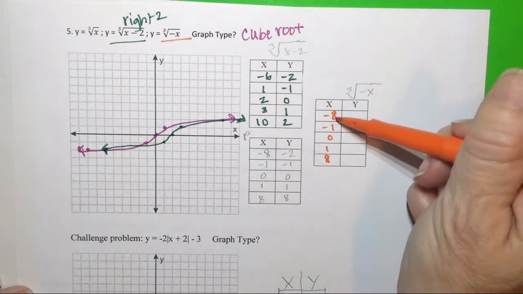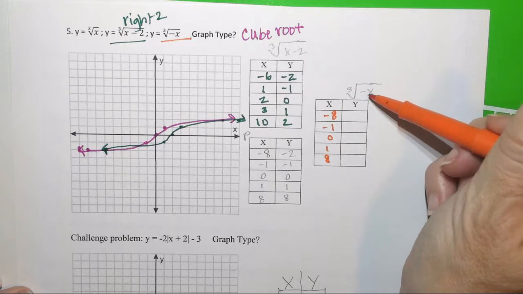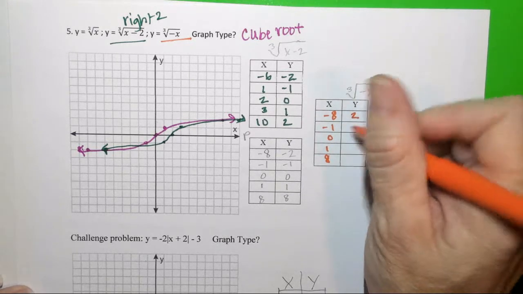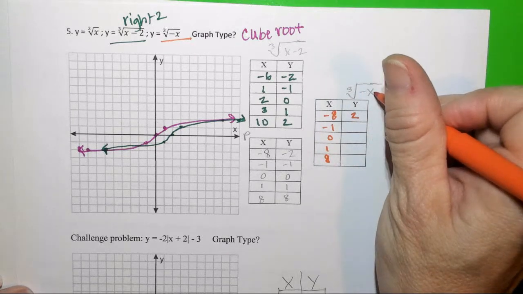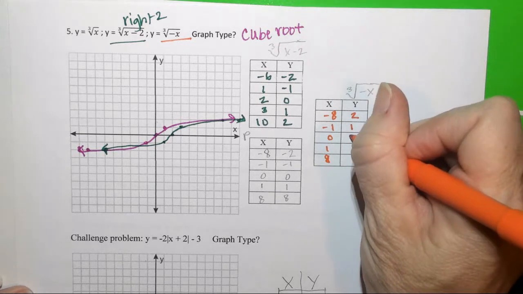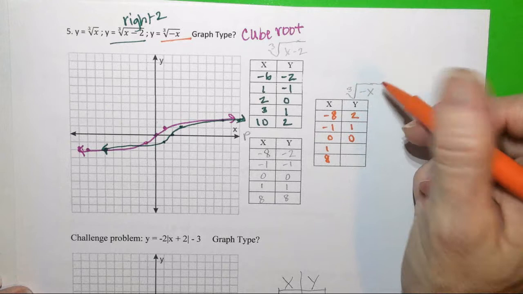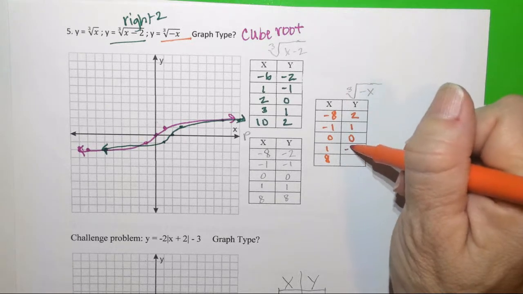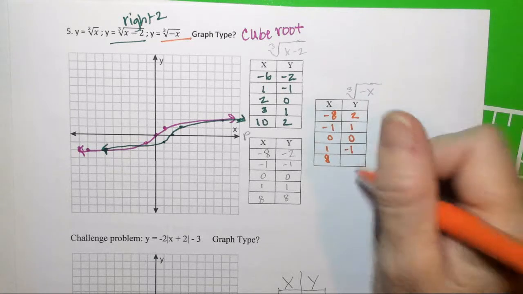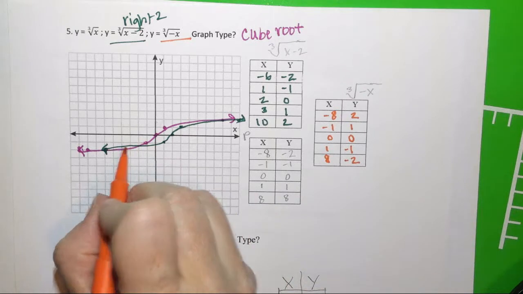There's lots of negatives going on. -8 plugged in for -x gives us +8, and the cube root of that is 2. -1 into our -x gives us +1, so the cube root of +1 is 1. Cube root of 0 is 0. +1 plugged into our negative sign gives us -1, so our answer is going to be -1. And 8 plugged in is going to give us -8, and the cube root of that is -2. Go ahead and graph those.